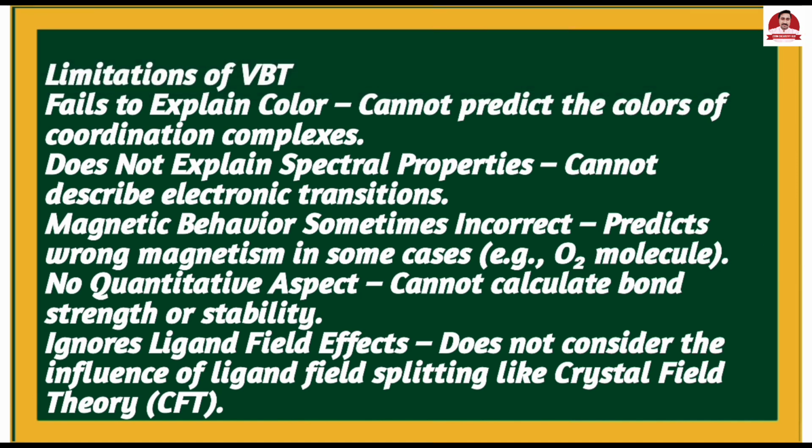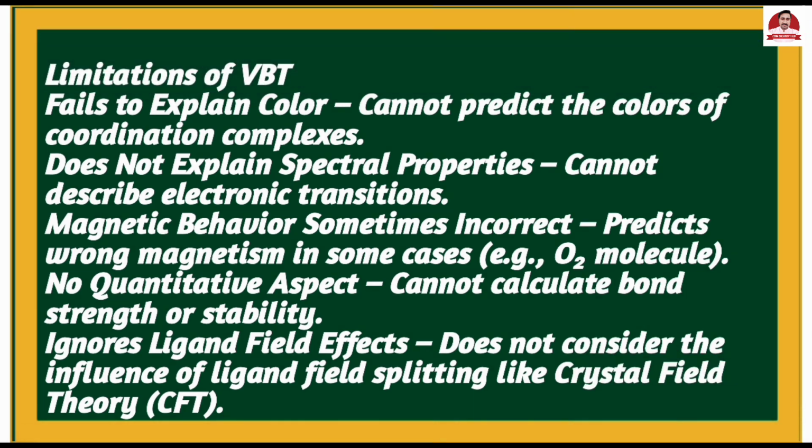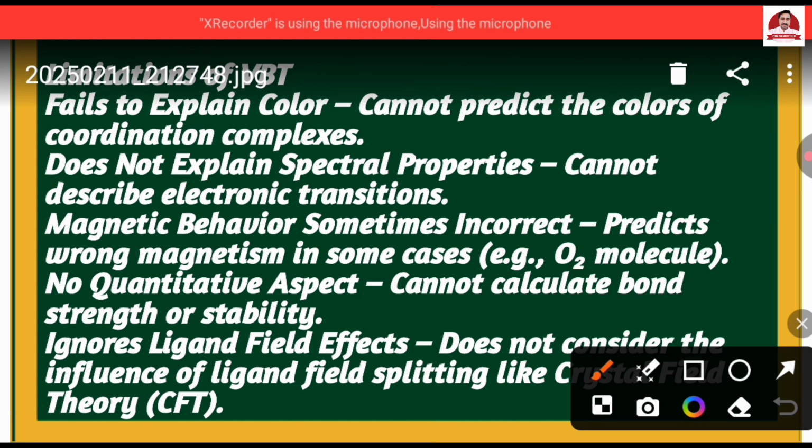Next, we will discuss the limitations of valence bond theory, VBT. First, it fails to explain the color, so it cannot predict the color of the coordination compound, which is explained by the crystal field theory or crystal field splitting.